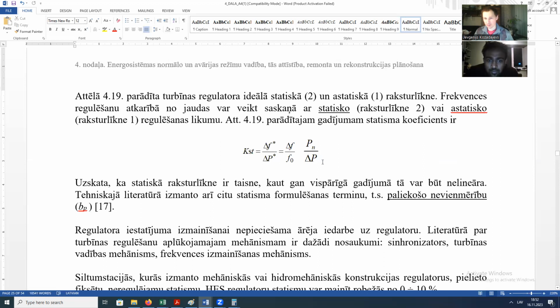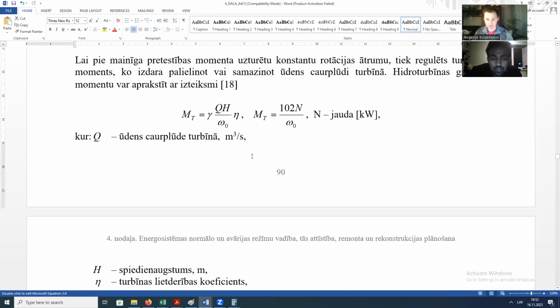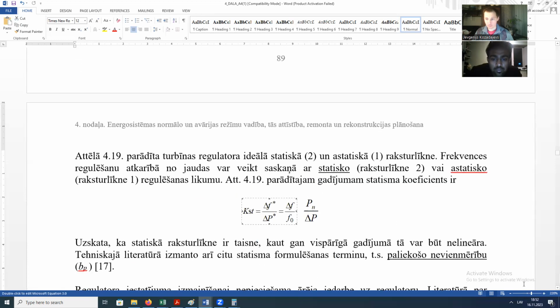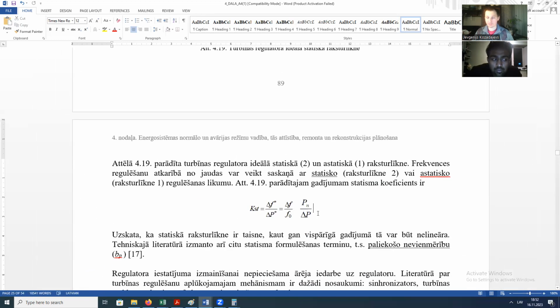So here you could see difference of frequency, difference of power, the nominal frequency, the nominal power. And here we got how we could find this coefficient. Okay, but here, a very simple formula. This will be useful for you. You could write this formula in your notes.